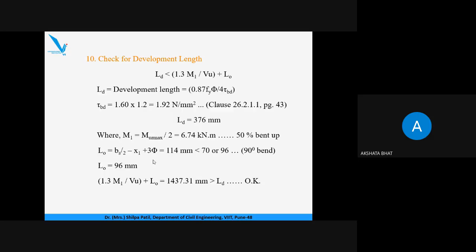Yes, ma'am. Somebody was asking me some doubt. Yes, ma'am. Huh. 70 कळलं नाही मला ते 96 ते कळलं पण 70 काय आहे तिथं 70 is effective depth.